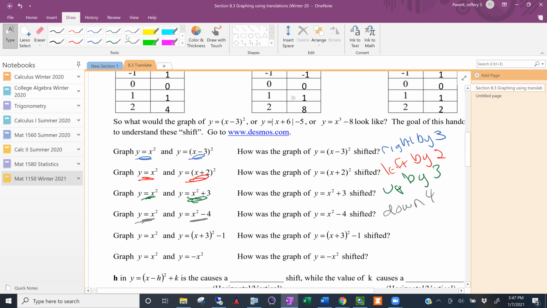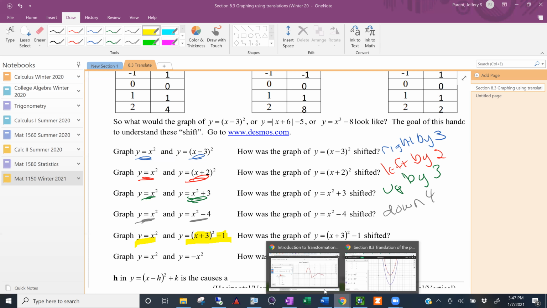So that'd be this next one down here. So there's two shifts. Remember what goes on inside the parentheses here, that's going to be a horizontal shift. What goes on outside the parentheses, that's going to be a vertical shift.